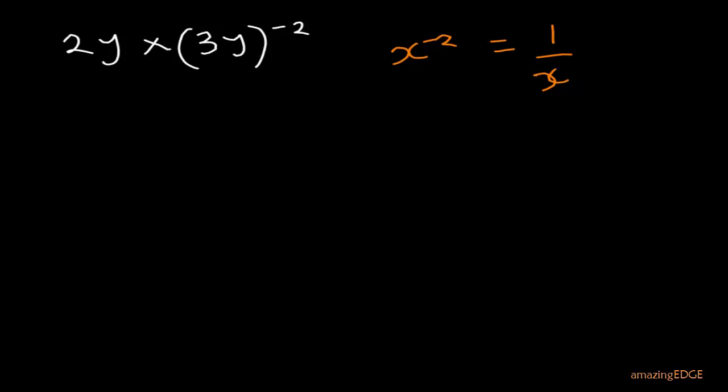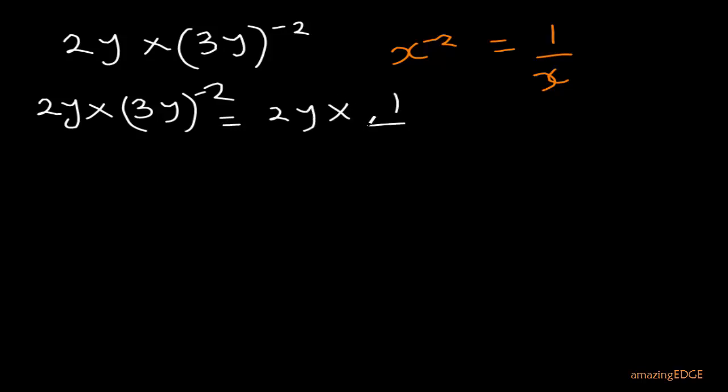We write this now. So 2y times 3y all raised to power minus 2 will be equal to 2y times 1 over 3y raised to power 2. So the minus has gone, so we are taking the inverse now.